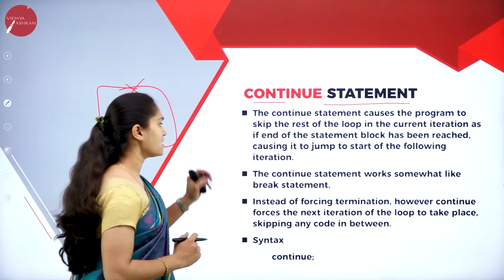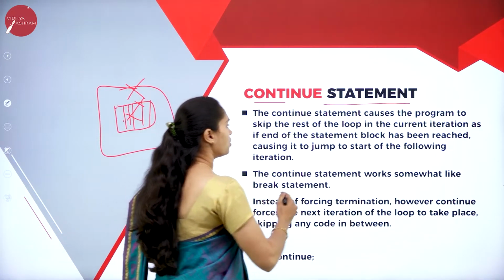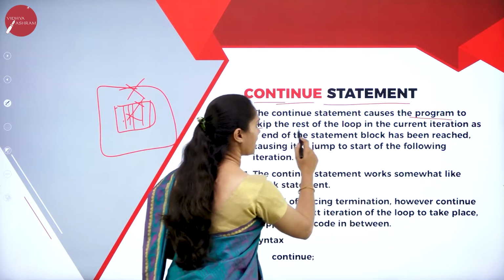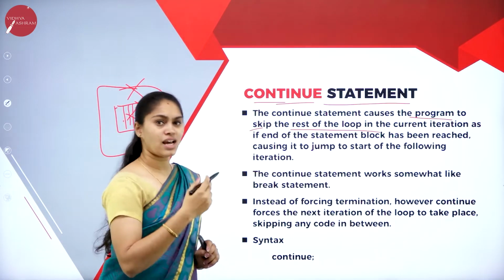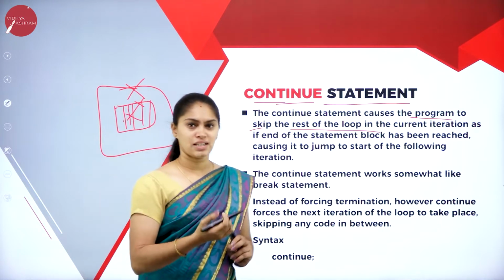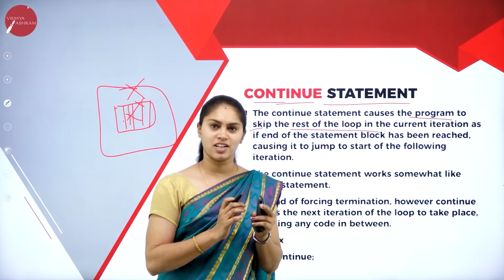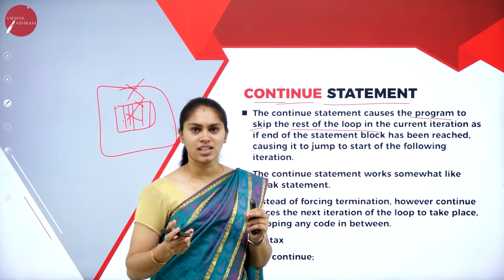Now let's see the continue statement. The continue statement causes the program to skip the rest of the loop in the current iteration. If I am in the 5th iteration and I don't want it to execute the statements of that iteration, I can use continue.